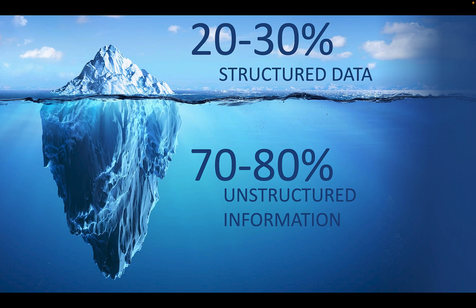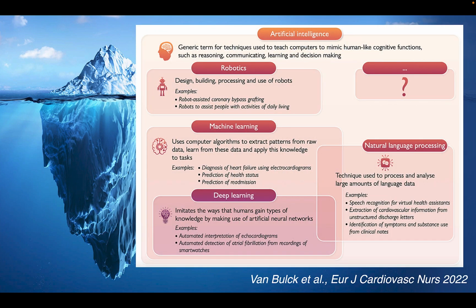A lot of the information is there, but it is not reachable, not useful for us in clinical practice and in research. And the question is then, are there techniques, technologies that can help us make this unstructured information insightful? And the answer is yes. The answer can be found in artificial intelligence.